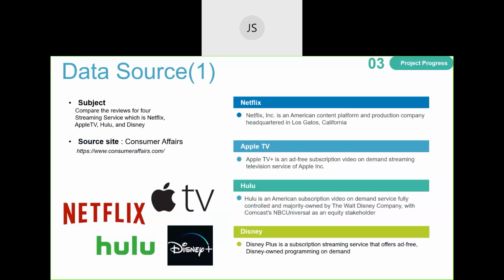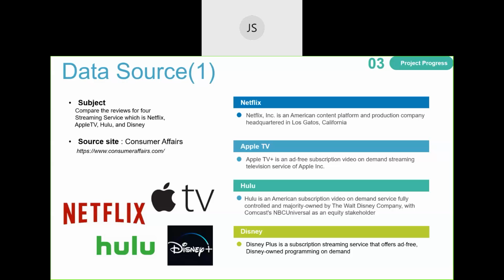This is the data source and subject we used. The subject of our project is to compare the reviews for four streaming services, which are Netflix, Apple TV, Hulu, and Disney Channel.